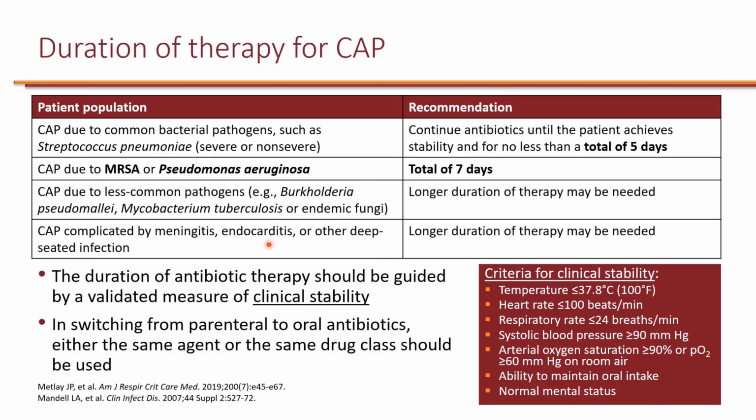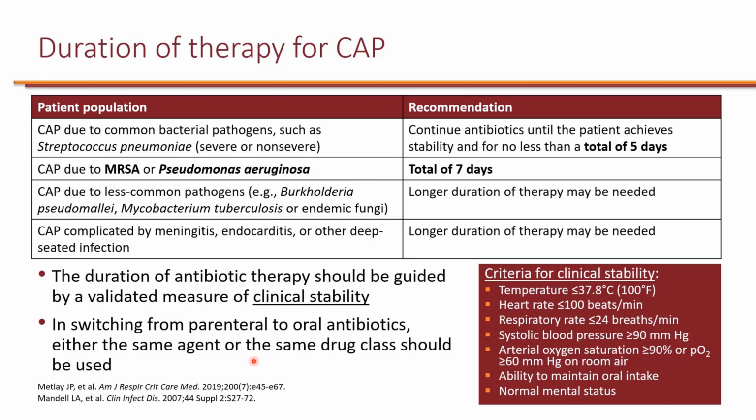Now, as patients achieve clinical stability, it's important to switch from parenteral to oral antibiotics. And when we do that, you can either use the same agent. For example, if you have something like azithromycin or fluoroquinolones, it's easy to use the same agent that was IV. Just use the oral bioequivalent of it. However, some agents are only available as IV.